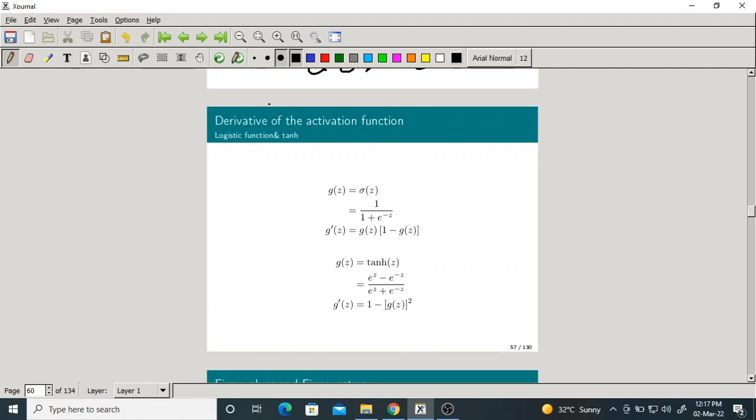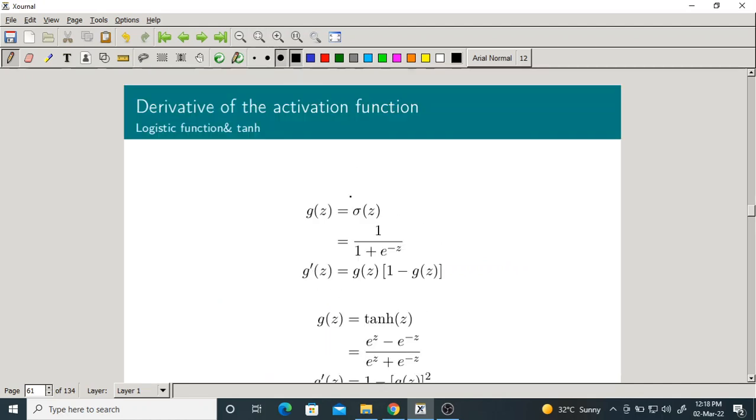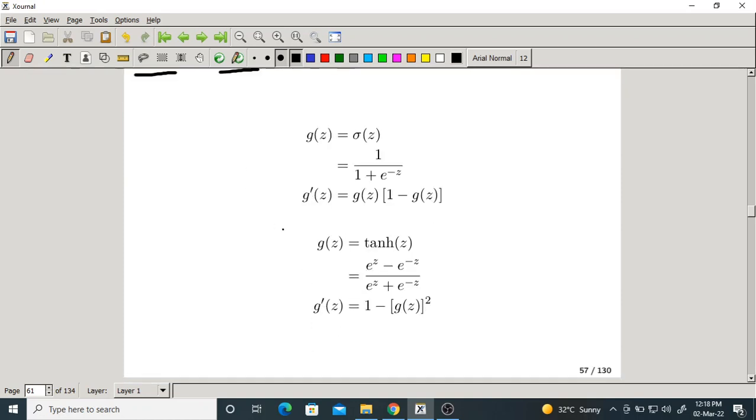In the chain rule, we need to find the derivative of the activation functions: the logistic function and the tanh function. This is the logistic function, that is 1/(1+e^(-z)). If you take the derivative, you get it like this.